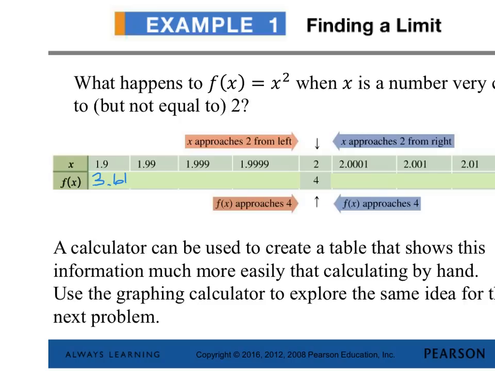Now, we can move a little closer. In fact, we can move a lot closer. We could choose the number, instead of 1.9, to be 1.99. If you choose 1.99, which is closer to 2, then the answer that you get is 3.9601.